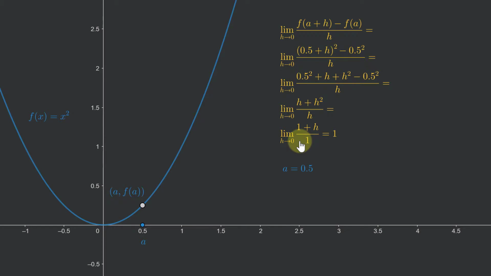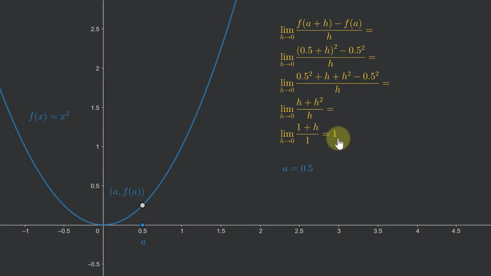Now applying the rules for limits, we know that we can directly let h go to 0. So we have 1 plus 0 over 1, which is 1. So that story of equations tells us that in the limit, the slope of the secants will be 1.